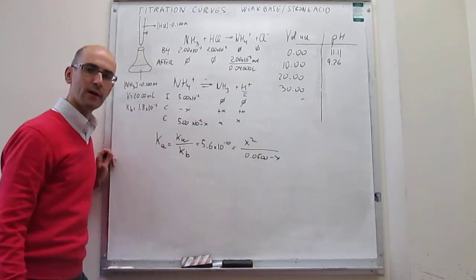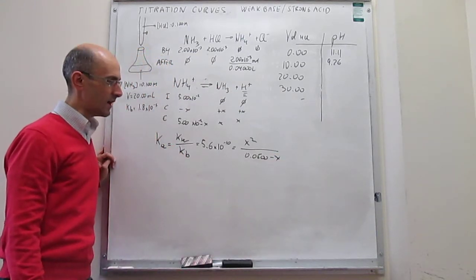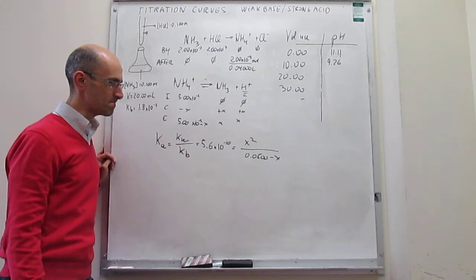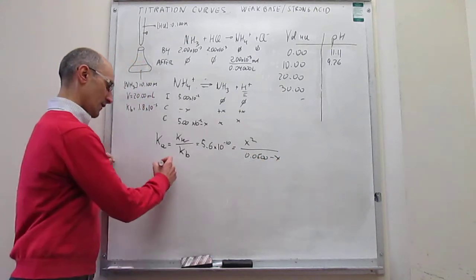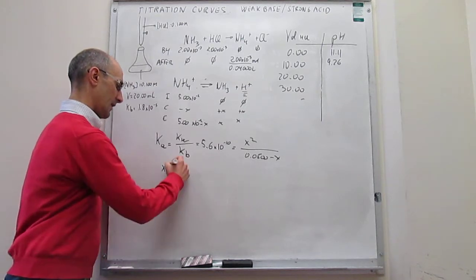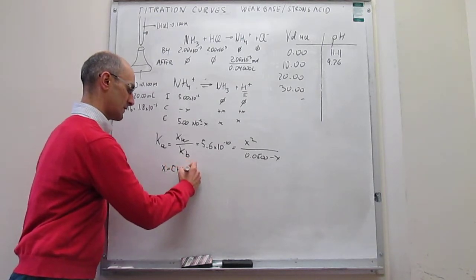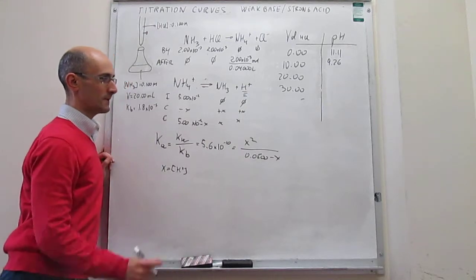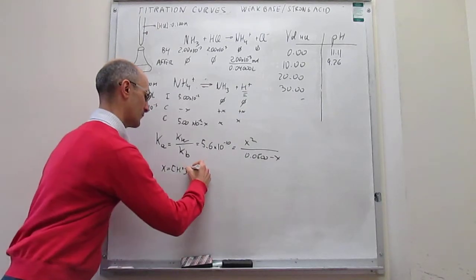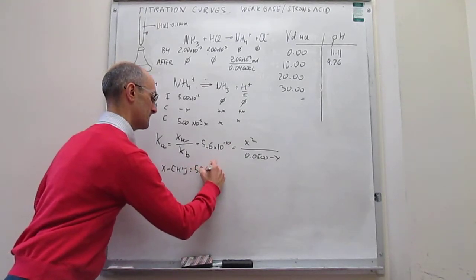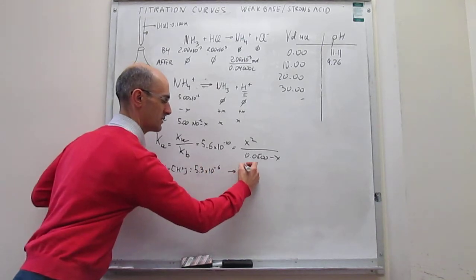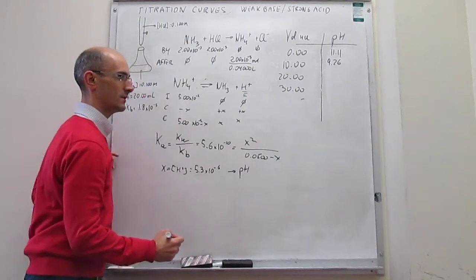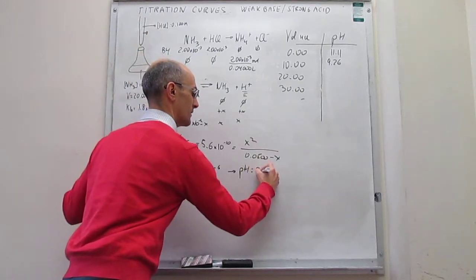So there you have another quadratic equation that you can solve using an approximation, where you neglect x with respect to 0.05 to find that x, which is the concentration of protons at equilibrium at the equivalence point, happens to be 5.3×10^-6. That means that the pH at the equivalence point happens to be 5.28.